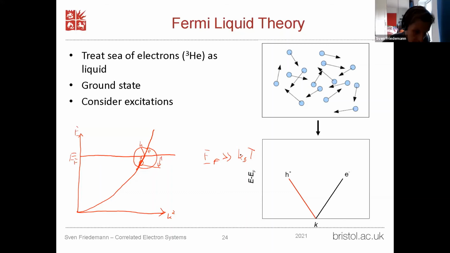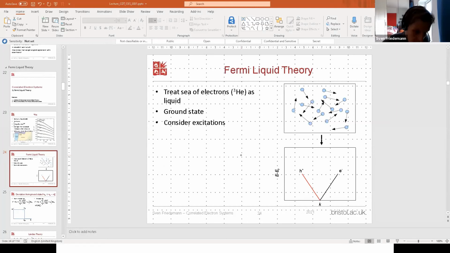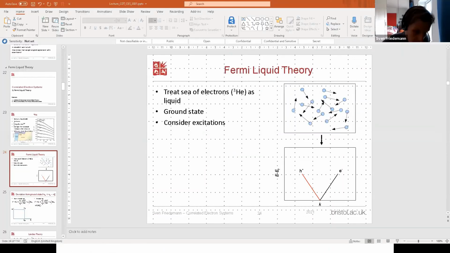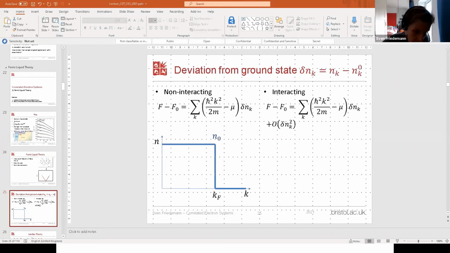So let's look at these excitations in more detail. In the free electron theory, we have already considered excitations. We've used that to calculate the specific heat. But what we have not done is look at how this changes the energy once we've got the occupation change.